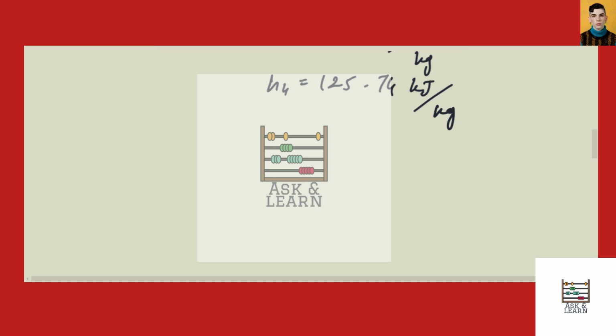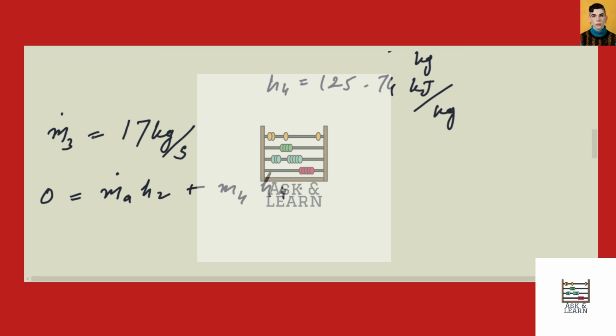Next, we can take the energy balance equation and solve it for the needed mass flow rate Ma. For the calculation, we will need the given mass flow rate of water, M3 = 17 kg per second. 0 = Ma H2 + M4 H4 − Ma H1 − M3 H3. All right, guys.